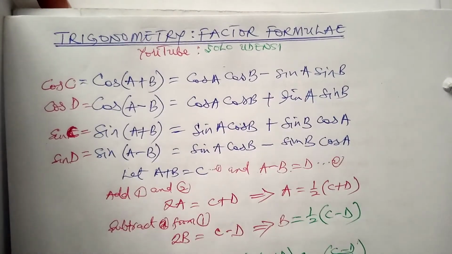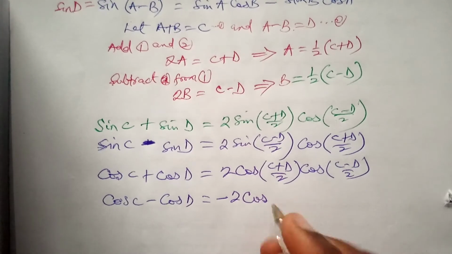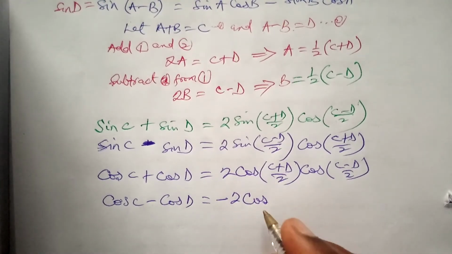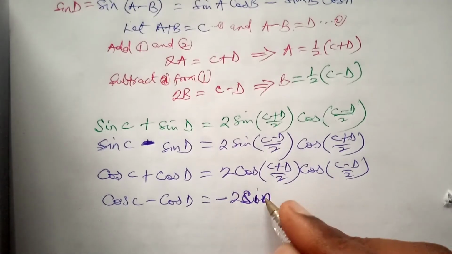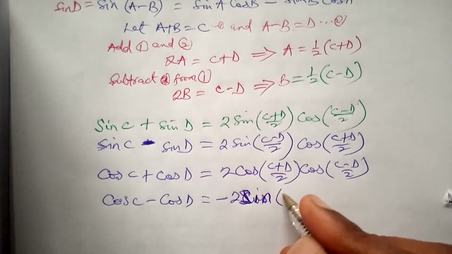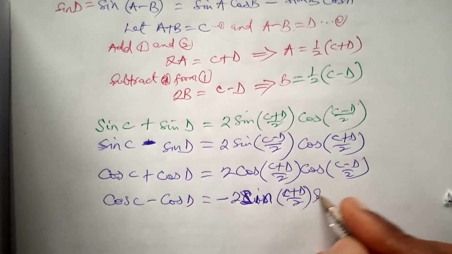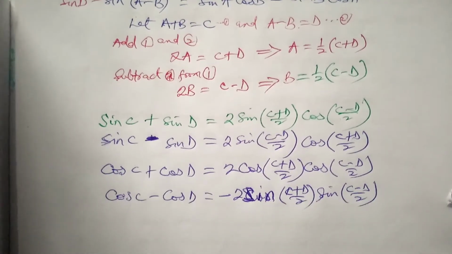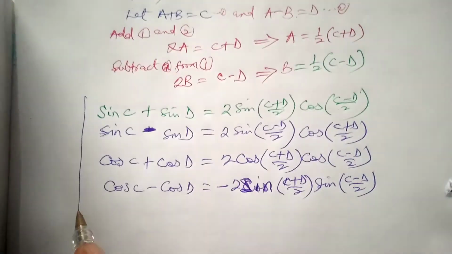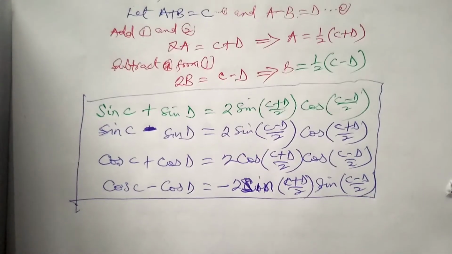It will be minus 2 sin A sin B. Sin A is C plus D over 2, then sin B is C minus D over 2. So that is the factor formula. This is an important formula for transformation, and we'll use it to do trigonometric differentiation.